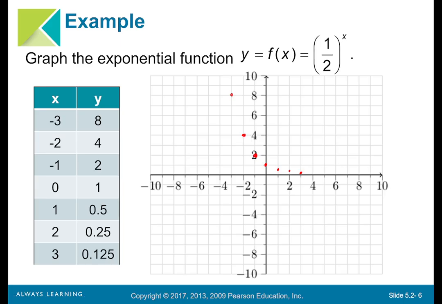So here you can see we flipped across the y-axis from what we had before, and we start up at the top and slowly go down towards 0. So there we have graphed this exponential function.